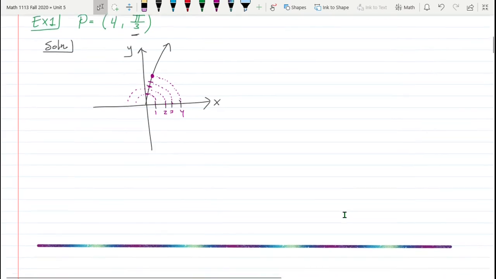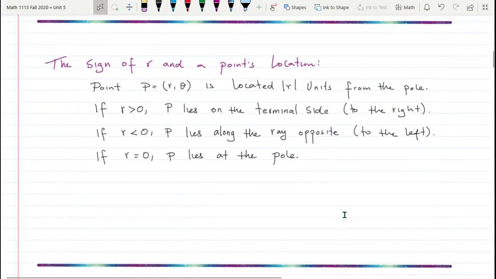So what can we understand about the sign of the radius and the location? We're given a point, and its coordinates are r comma theta. It is located absolute value of r units from the pole, or from the origin. The radius tells me how far away from the center it is.